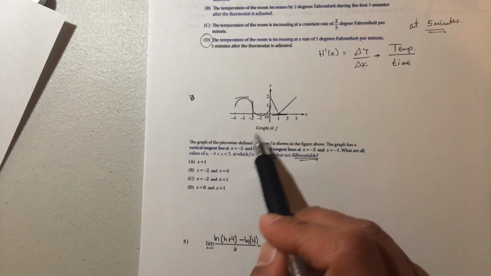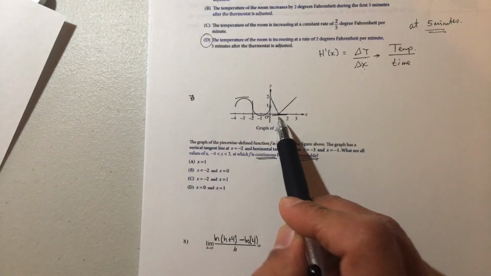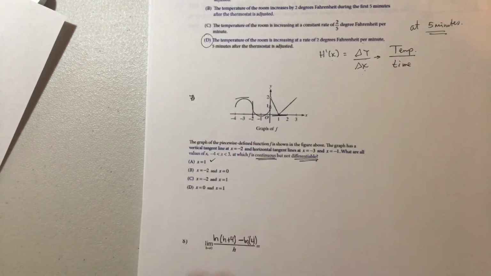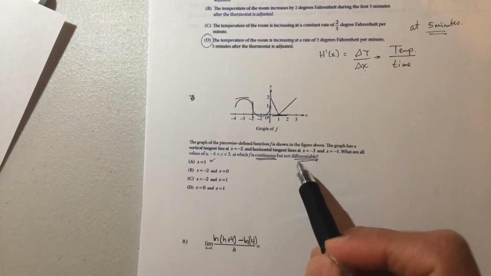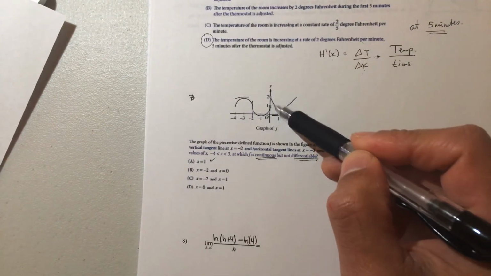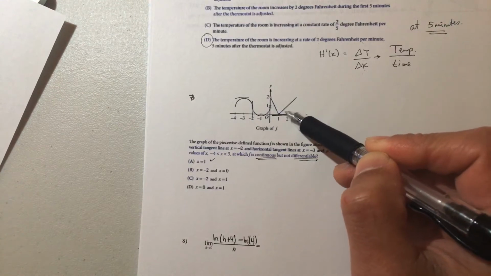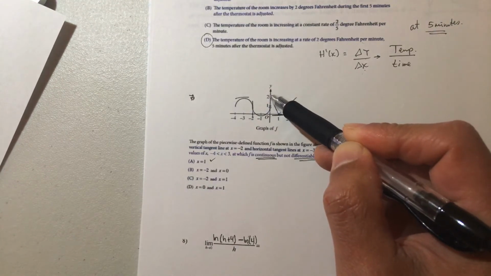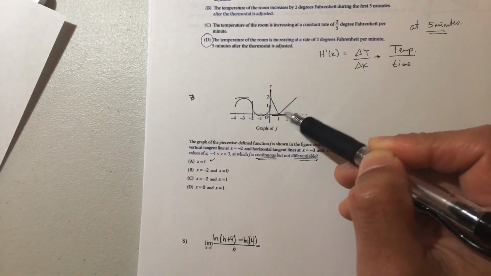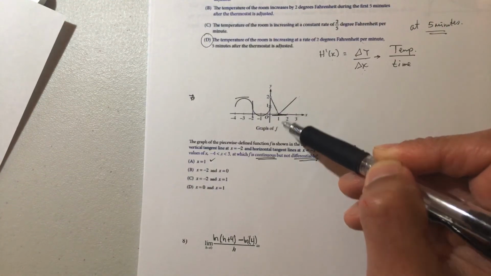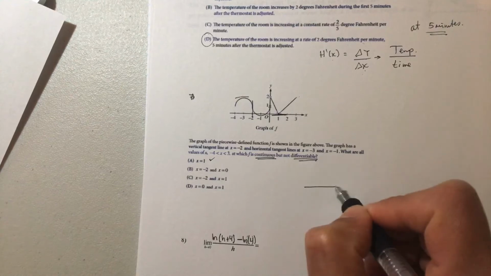If you notice, the slope of the left line is not equal to the slope of the right line. Okay, they're different. That's why, for example, absolute value has the V, right? Why is it not differentiable at 0? Well, because the slope from the left is -1. The slope from the right is +1. Okay, the rate of change is not the same. That's why at a cusp, it's not differentiable.